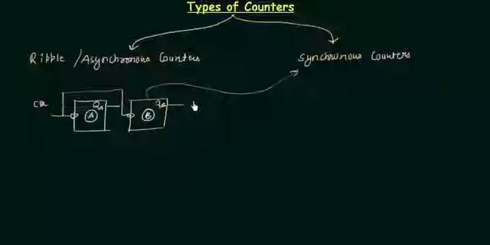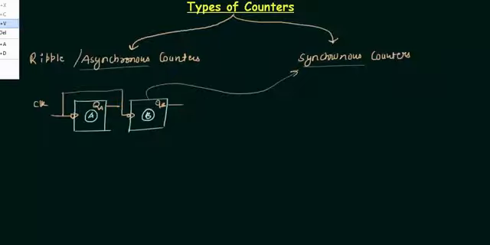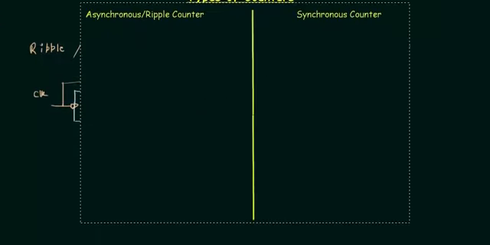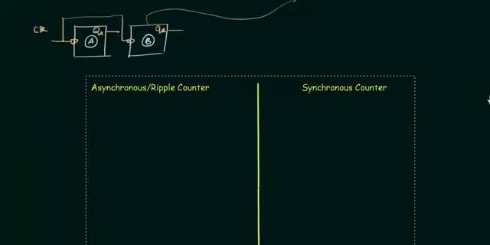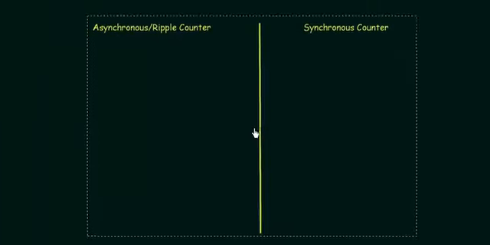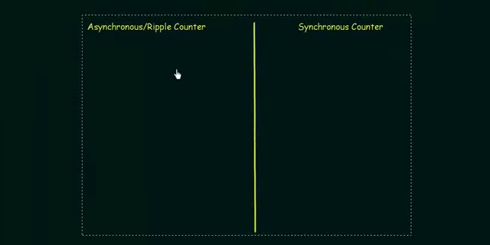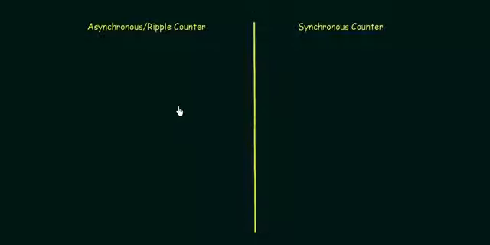The clock is not given simultaneously in case of asynchronous, whereas the clock is given simultaneously in case of synchronous. Now we will do a quick comparison between the synchronous and asynchronous counters so that you may write a proper answer in your exams. The first column is for the asynchronous or ripple counter, and the second column is for the synchronous counter.